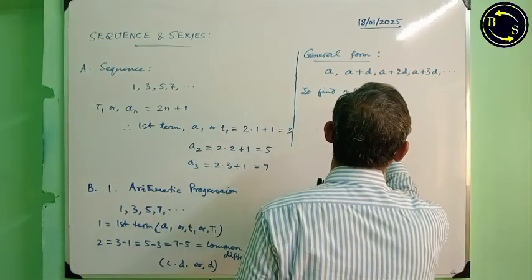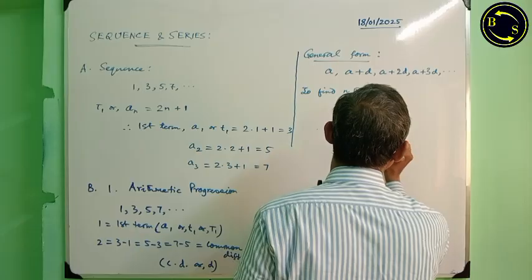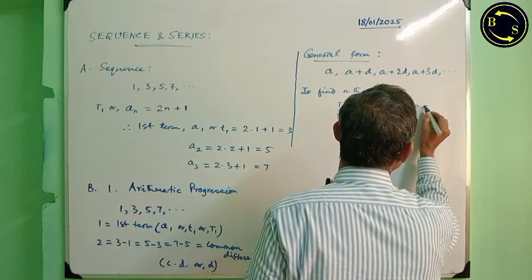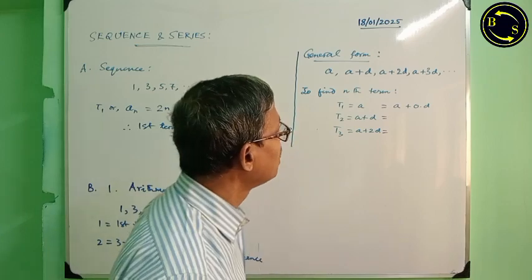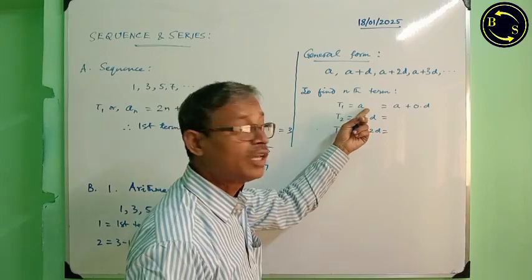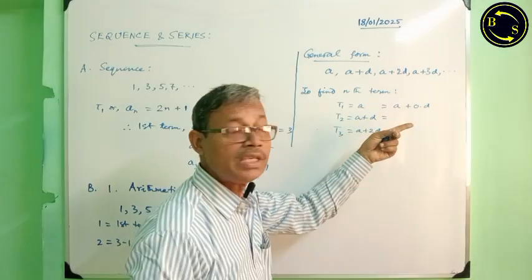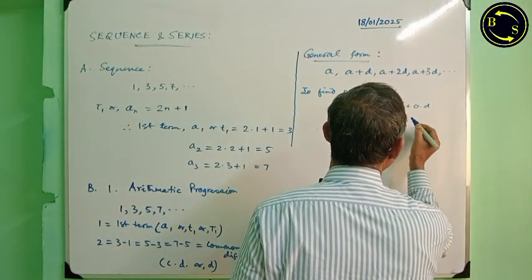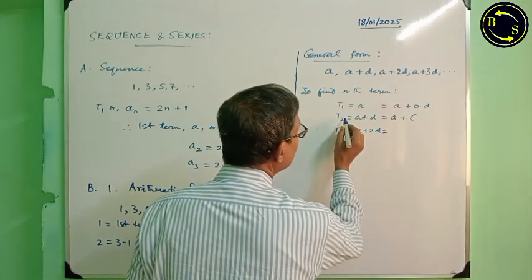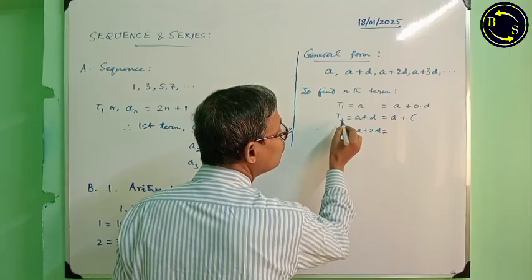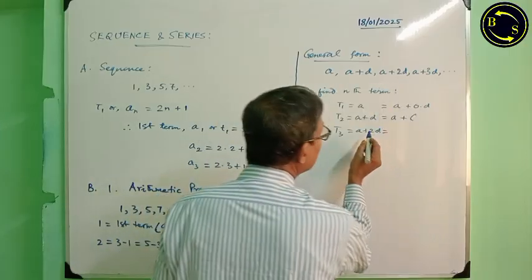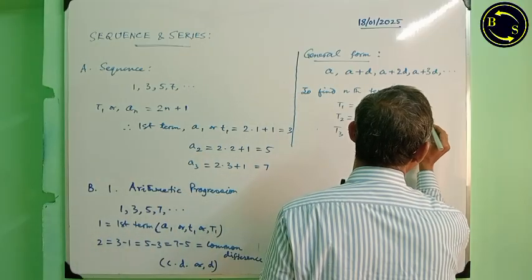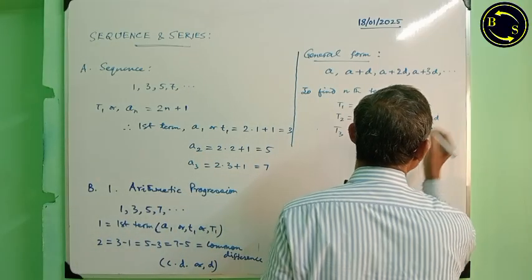Now I can write this one as a plus 0 into d. Since there is no d, I can take the coefficient of d as 0, and the second can be written as, you see, this is term number 2, therefore the coefficient of d in this case is 1, that can be written as 2 minus 1 into d.